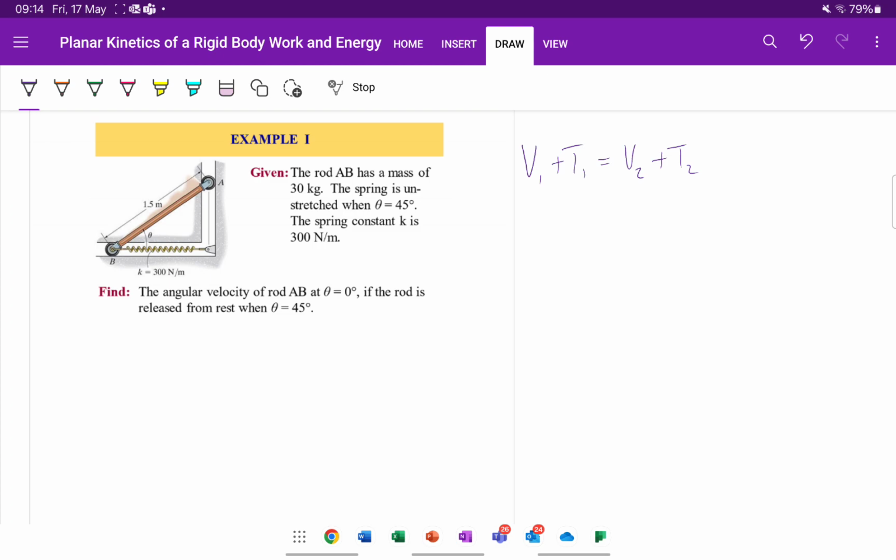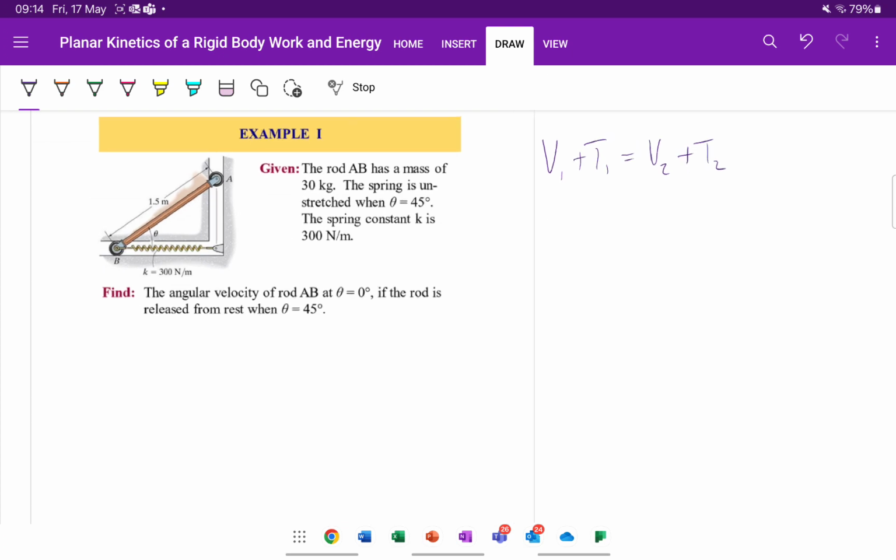The new piece is, as with the previous example, how we calculate that kinetic energy. That kinetic energy is formed from two different elements, the translational and the rotational elements of the object.